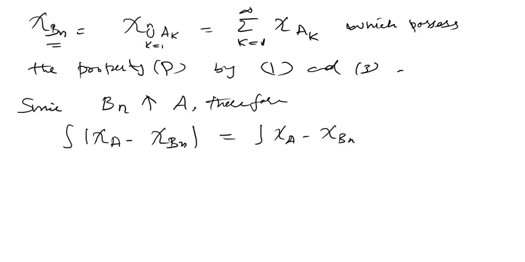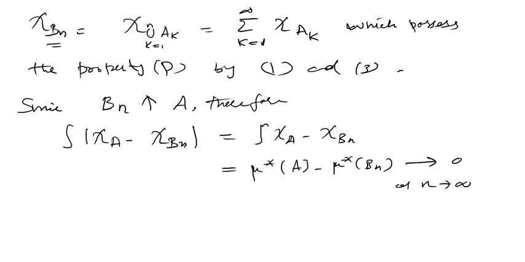So let's separate the integrals because they are integrable functions. The integral of chi A is mu star of A minus mu star of Bn. That approaches 0 as n approaches infinity, because mu star of Bn approaches mu star of A. So the limit of this is equal to 0.